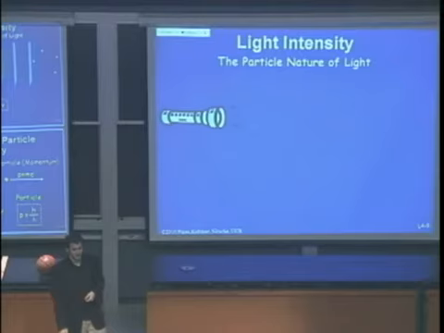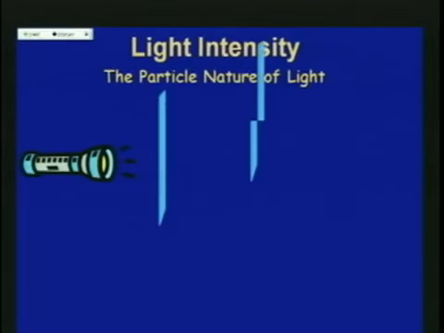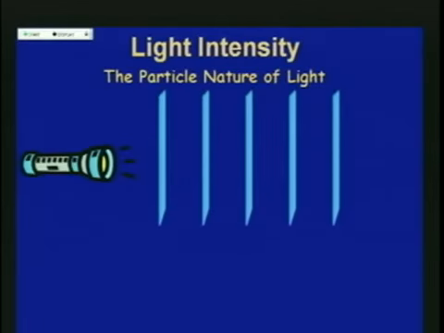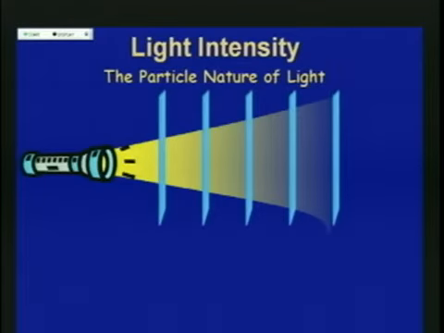So if we have a flashlight and we put in a bunch of filters and we shine our light on it, what's going to happen? Well, as it turns out, our eyes are really sensitive to light. We can see very dim sources from very far away. So if we had a really, really dark room that we were shining through all these filters before it got in that room, what would we observe?